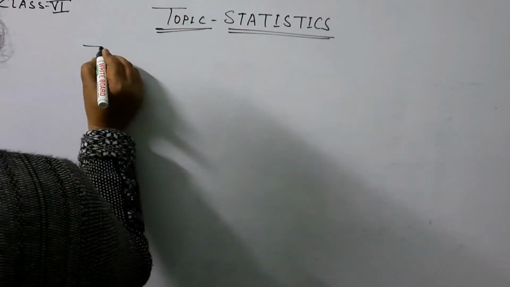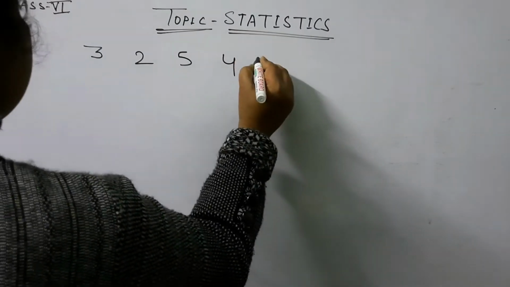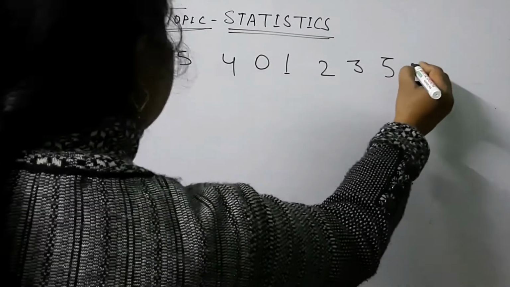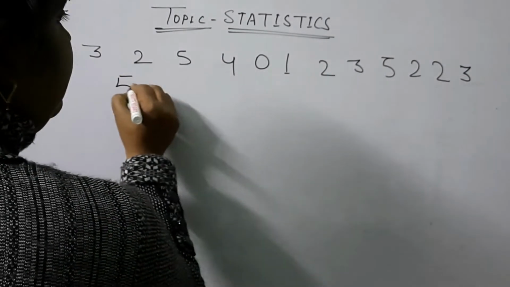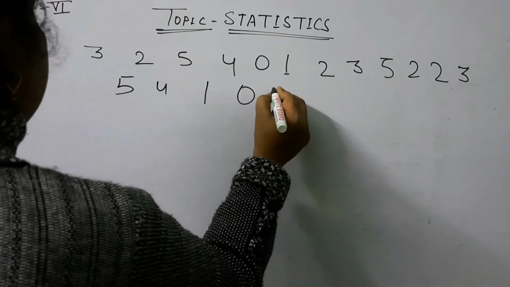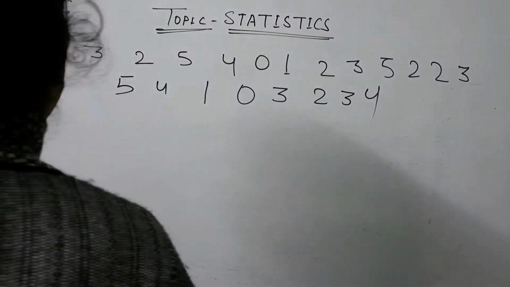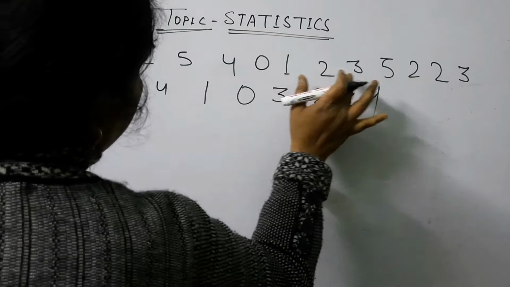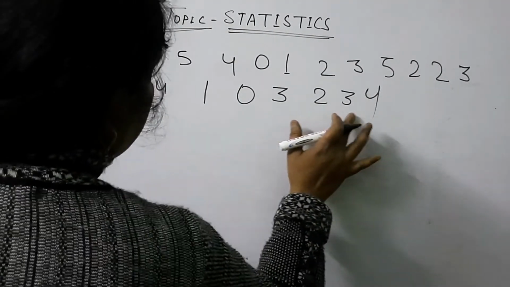Marks are 3, 2, 5, 4, 0, 1, 2, 3, 5, 2, 2, 3, then 5, then 4, then 1, then 0, then 3, then 2, then 3 and then 4. These are the marks. How many students? 1, 2, 3, up to 20.